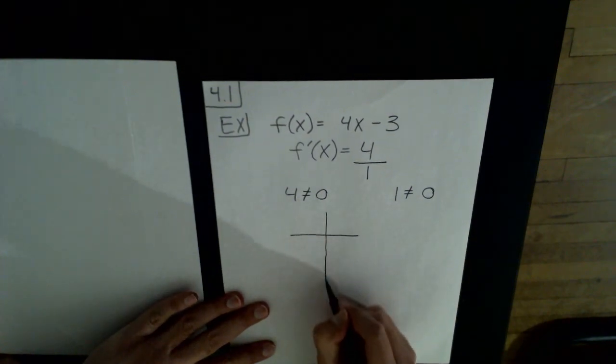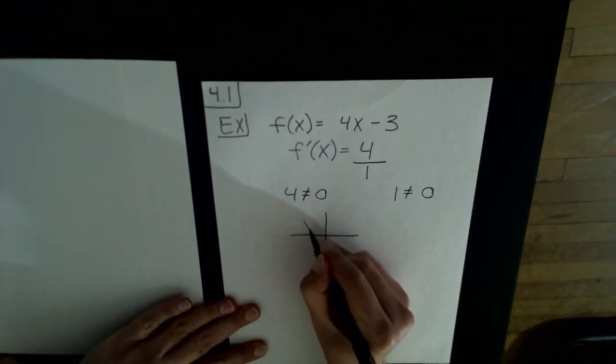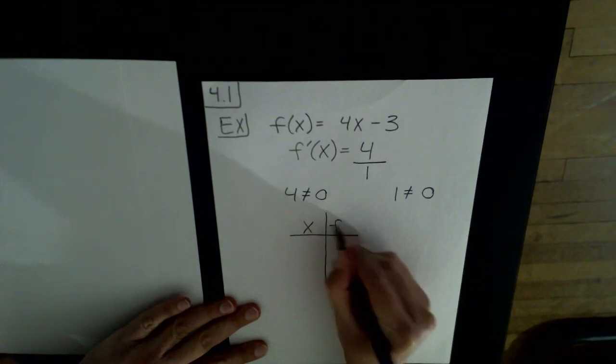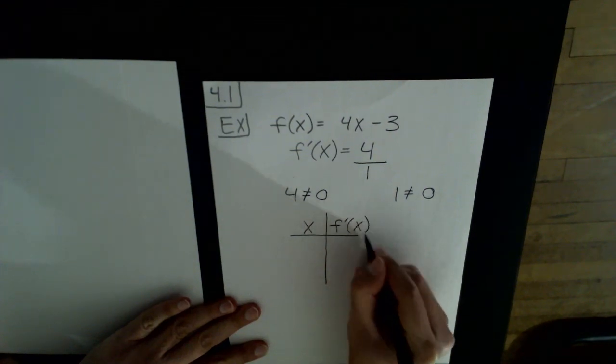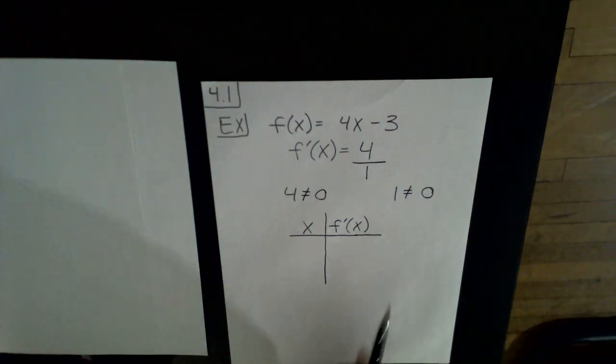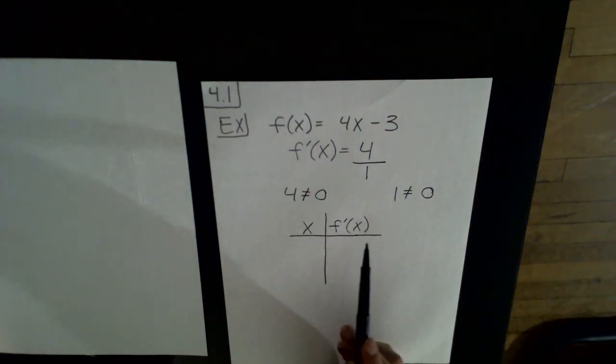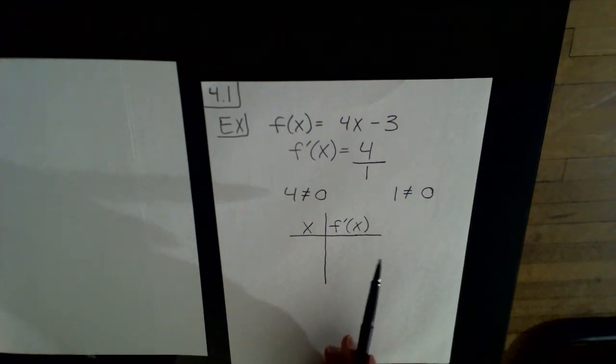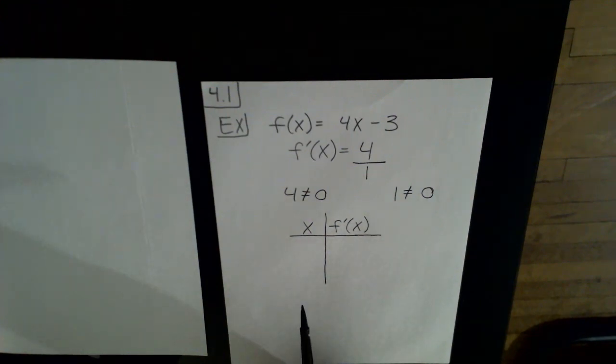As I said, I would make a table in this problem. So we have x and f prime of x. And because there are no partition numbers, we don't have to test to the left and right of anything. We just test one value. One value will tell us what's happening for the entire graph.